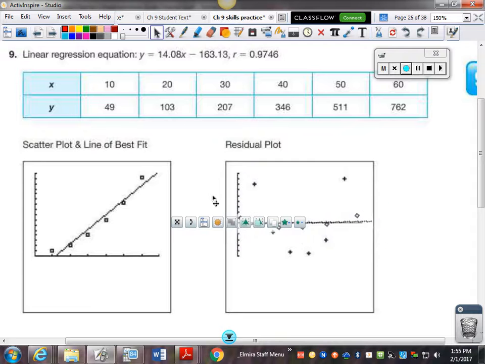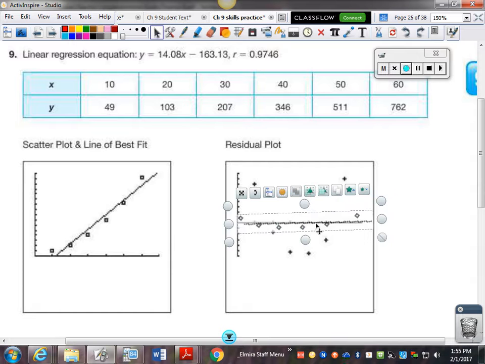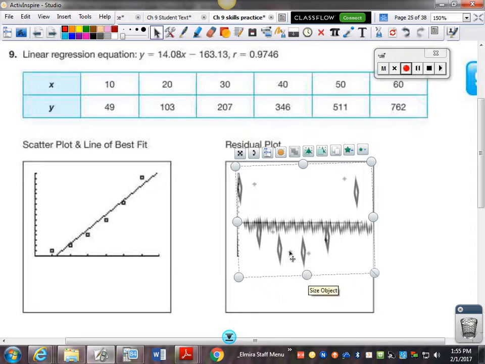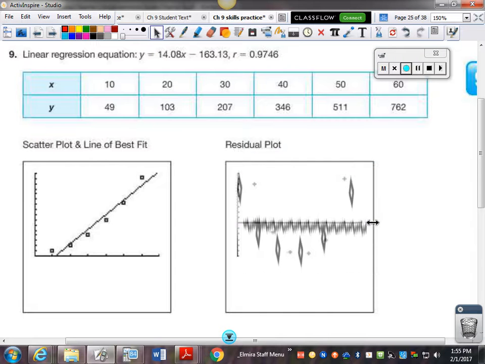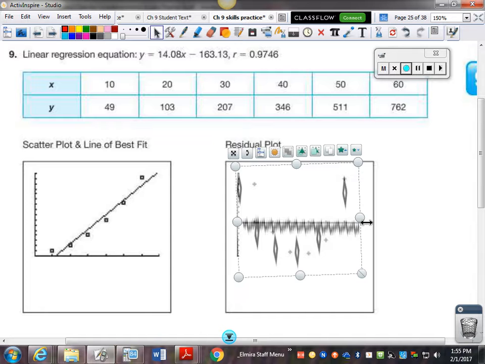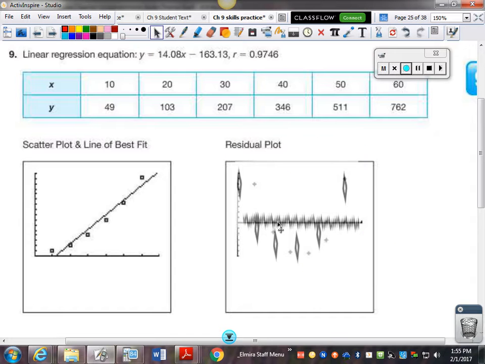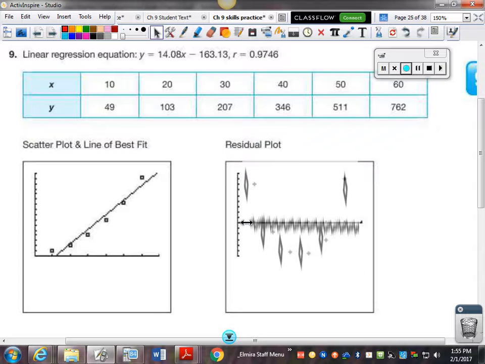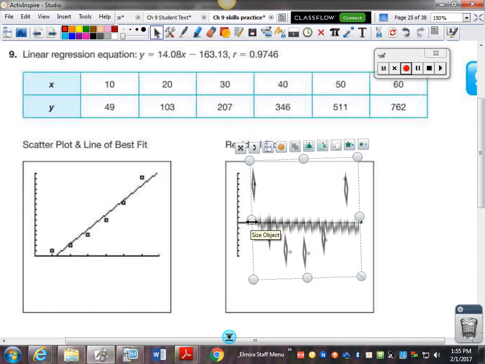If I stretch this out, it's very distorted, okay? So just kind of picture the center of the diamonds and the data. And let me line that back up a little better. Oh, that's the best one I've done so far today, trying to get it to line up.